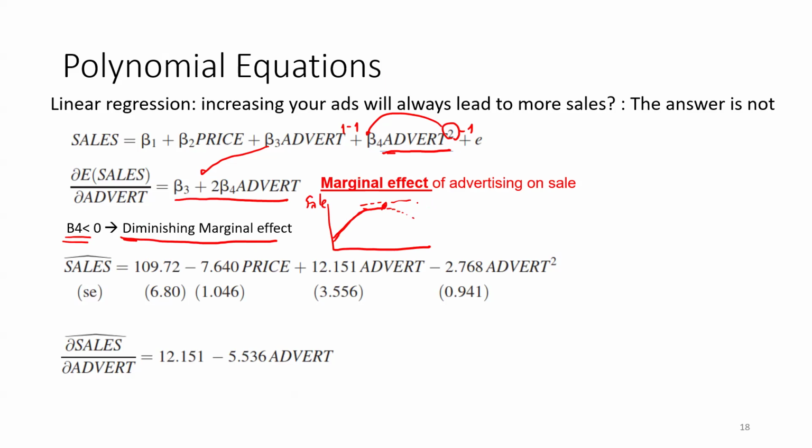So this is called diminishing marginal effect. Sale will increase after advertisement increases, but only up to a certain level. Okay, then they estimate and get a negative adverse square coefficient, which means they face a diminishing marginal effect.